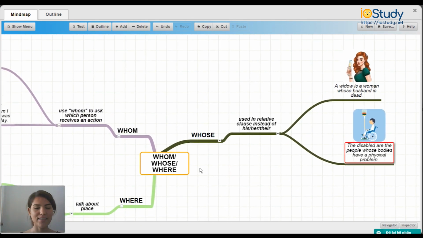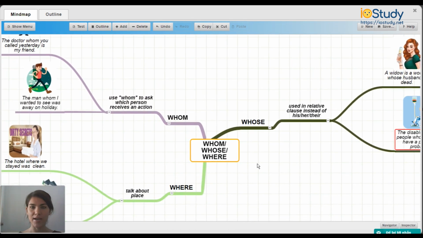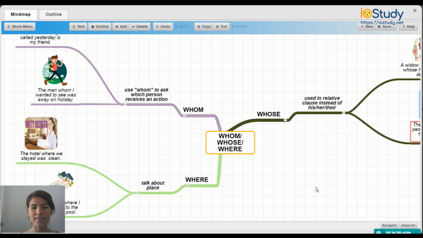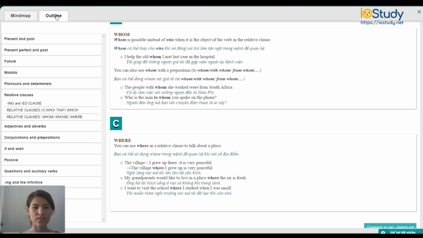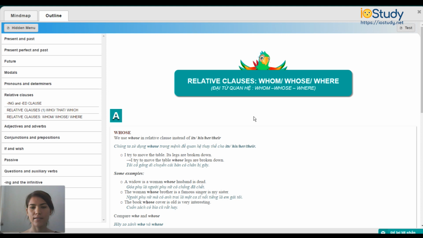Okay, so here, as you can see, you have your completed mind map for whom, whose, and where. So you can always come back to this for your reference and to look at the examples of sentences. The next thing you can do is go to the outline. So click here for the outline on whom, whose, and where. So here we have your outline for whom, whose, and where.